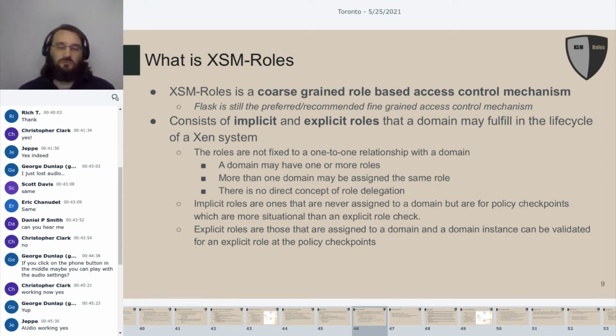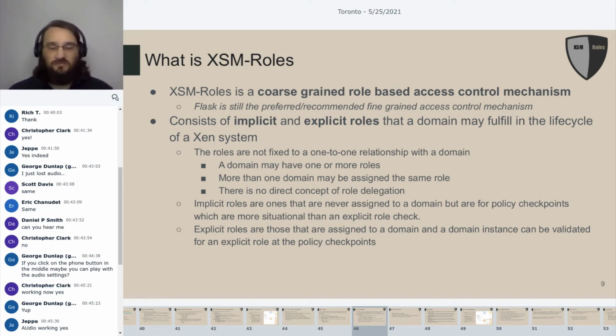So implicit roles: when we were diving into the dummy policy and working out exactly how all this was working, there were these ideas of a target or self when an access control check was happening. There were certain operations that a domain was allowed to do to itself, and certain operations where a domain is trying to do an operation on a target domain, and that target domain is referenced in its target handler, so it could carry out that operation.